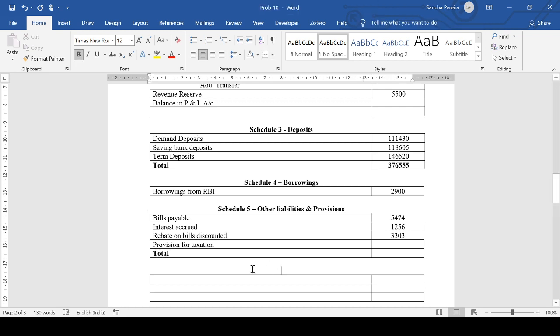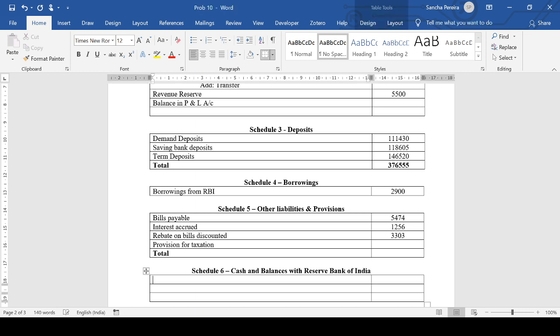Coming now to Schedule 6, cash and balances with Reserve Bank of India. So we have cash in hand, which is 2114, and balances with Reserve Bank of India is divided in two parts.